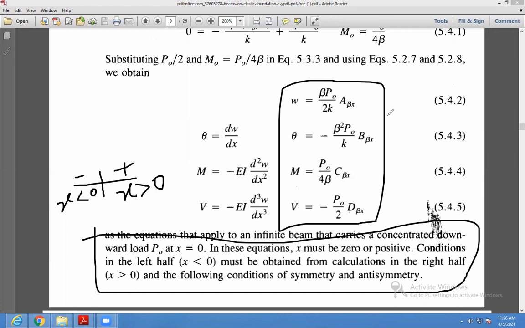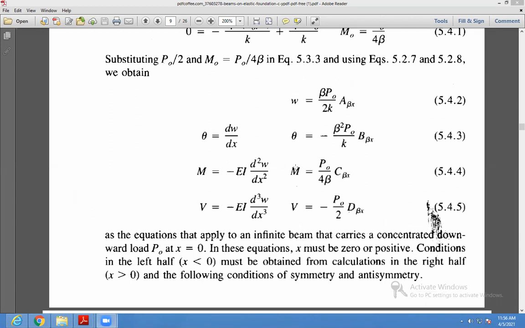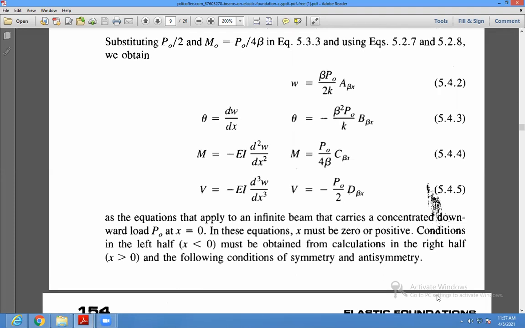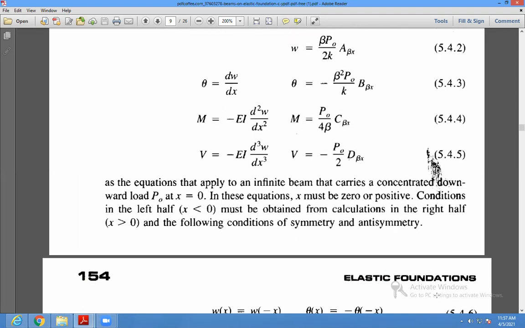In these equations, x must be 0 or positive. The conditions in the left half, x less than 0, must be obtained from the calculation in the right half, that is x greater than 0.